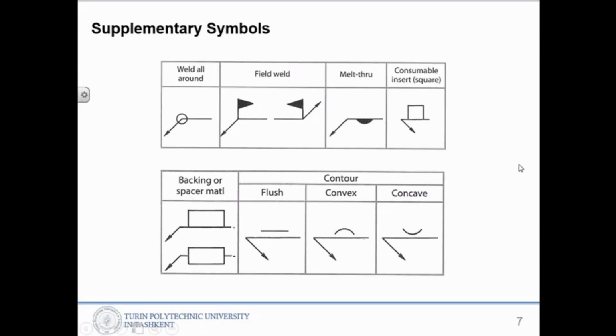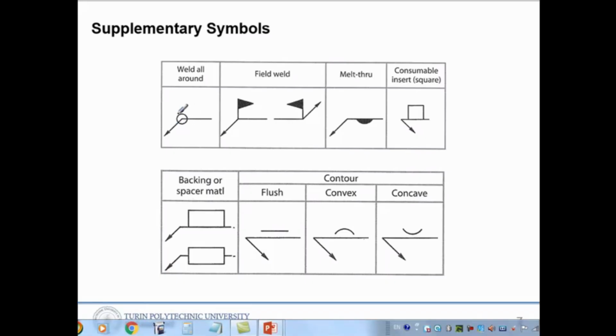And on top of this, we're using supplementary symbols to show how to weld it. So if you have this kind of symbol on your drawing, an arrow, and then the straight line, and here the circle, that means weld all around.